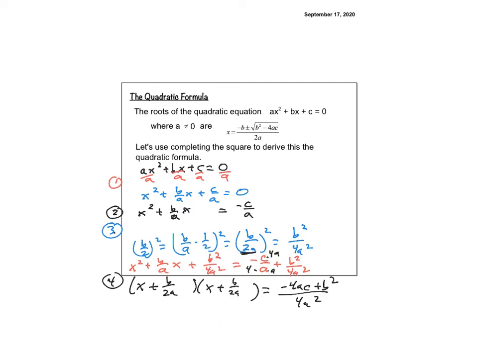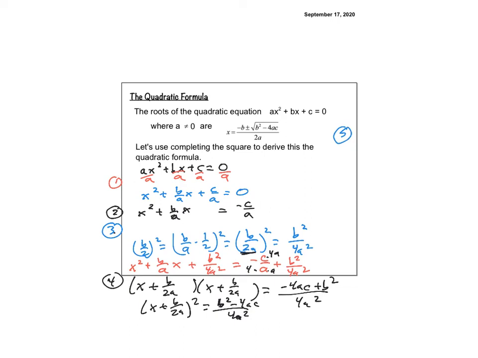Alright, so now I'm going to write this as one term. And I'm going to switch around this negative 4ac plus b squared. I'm going to say b squared minus 4ac all over 4a squared. Alright, so now we're supposed to solve this using square roots.